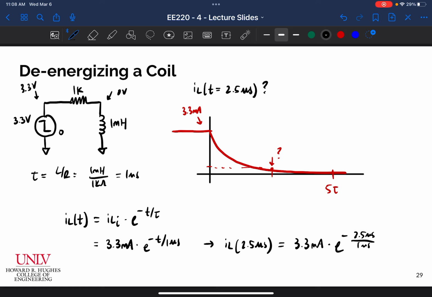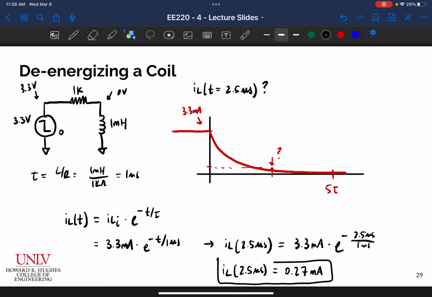So let me go ahead and do that. Multiply that by 3.3, and I get that IL of 2.5 microseconds is 0.27 milliamps, all right?